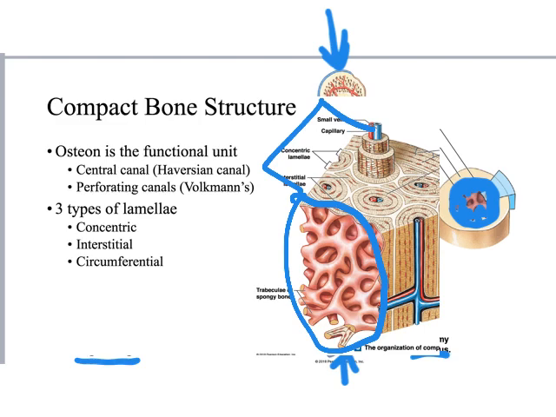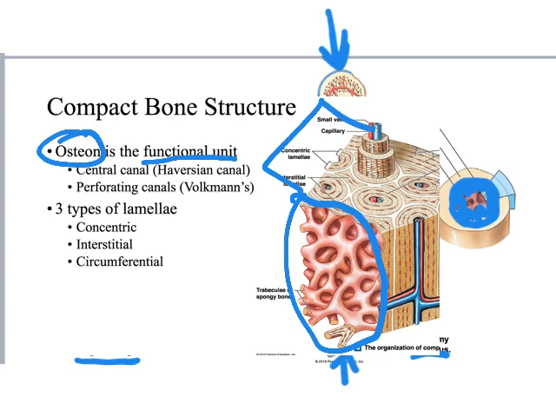It has to be structured around these particular structures, which we're going to call osteons. So an osteon is the functional unit of bone, meaning that all the necessary parts can be found in one osteon. And so what are those necessary parts?